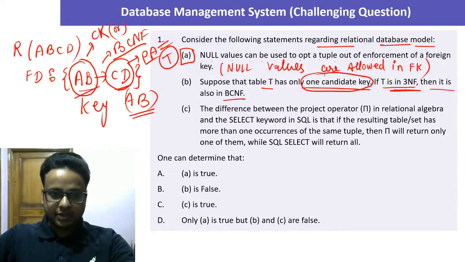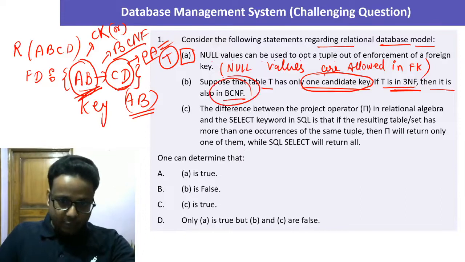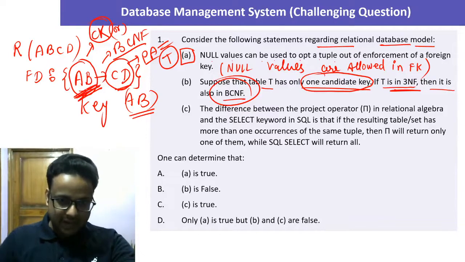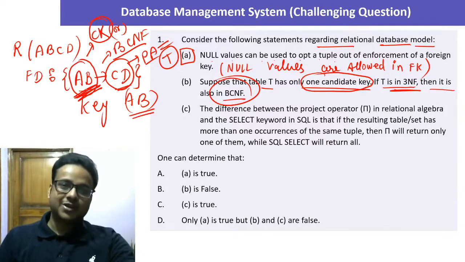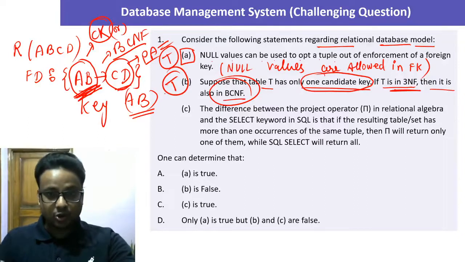Here, because AB is the key, it fulfils the 3NF property. And BCNF says only the first one, that is, the candidate key. AB is the candidate key, yes, 100%. So it is also true. It is fulfilling the statement.